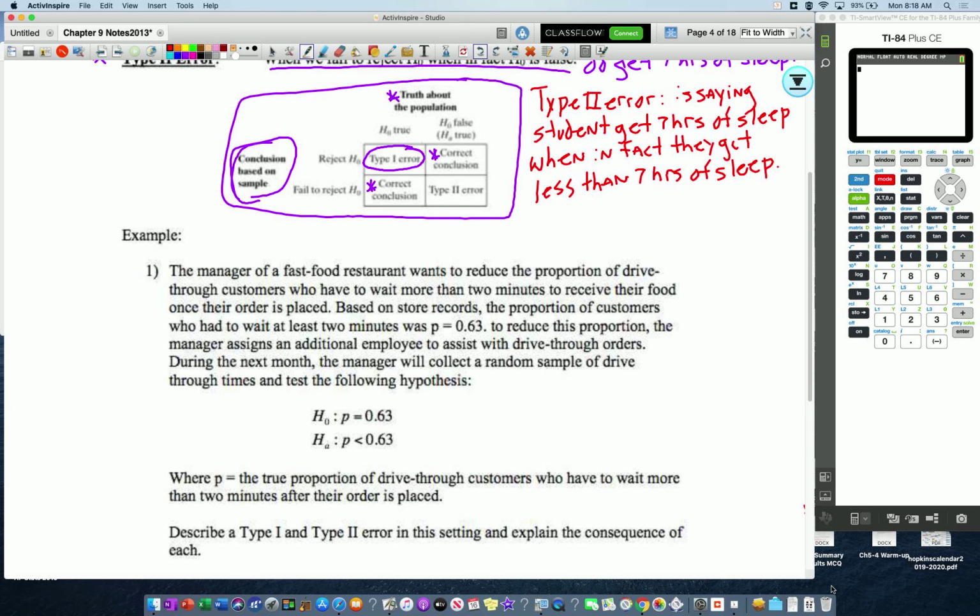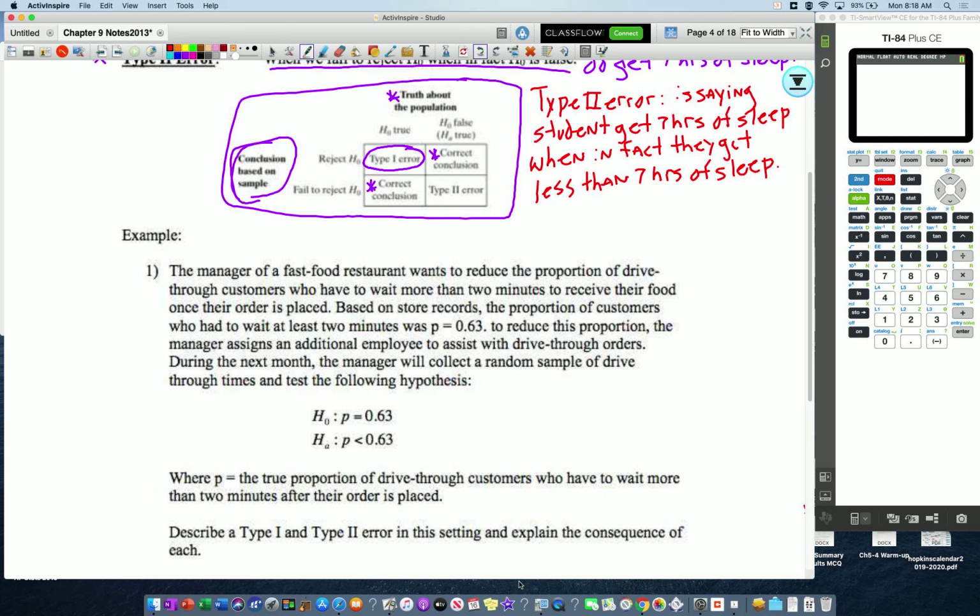The long and short of this is our null hypothesis is the proportion is 0.63. The proportion is the true proportion of drive-through customers who have to wait more than 2 minutes after their order is placed. So we believe that proportion is 0.63.